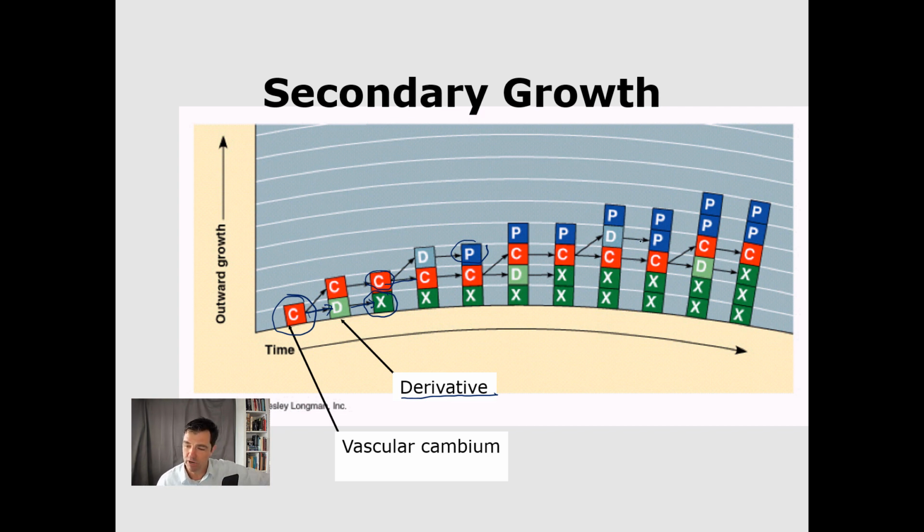So what you end up with, let's say we go way over here over time, your vascular cambium is dividing and making new cells. And if you take the vascular cambium and go inward like this, that's all going to be secondary xylem. And if you go outward like that, that's going to be secondary phloem.